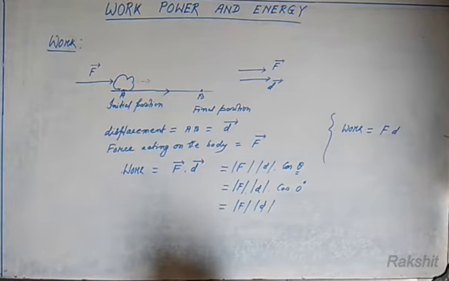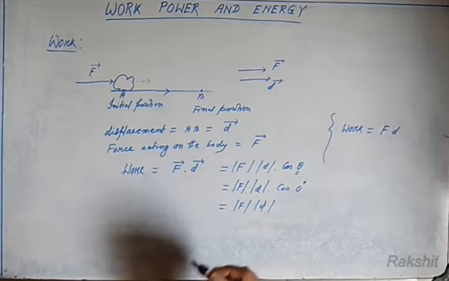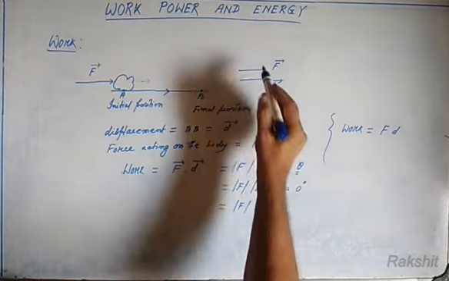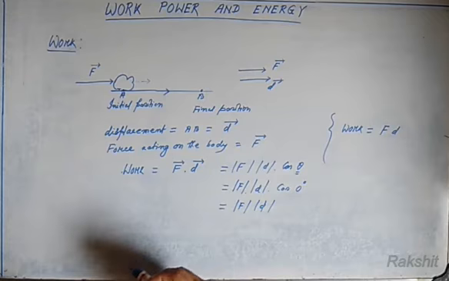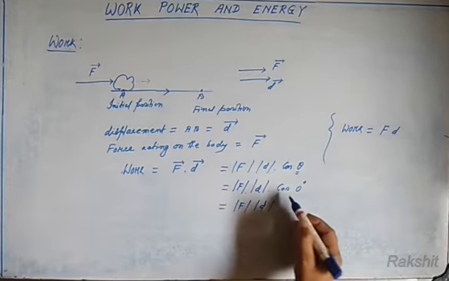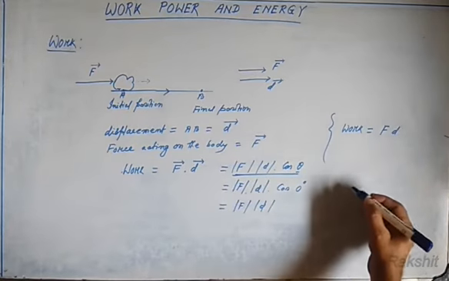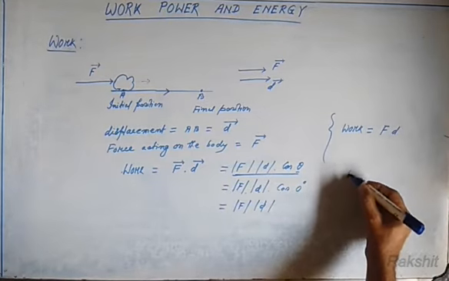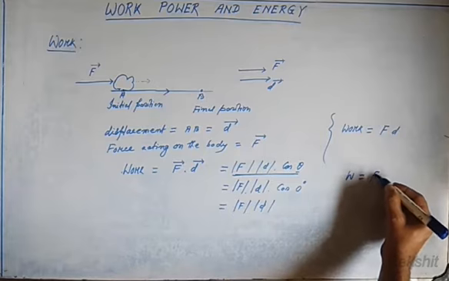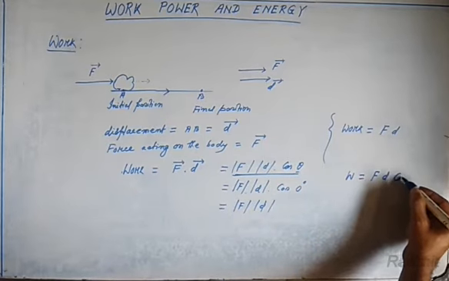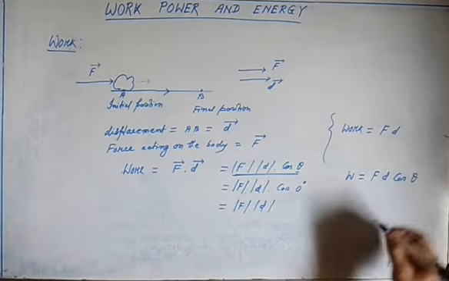When the direction of force and direction of displacement are different, then this formula takes another form. Then W is equal to F D cos theta.